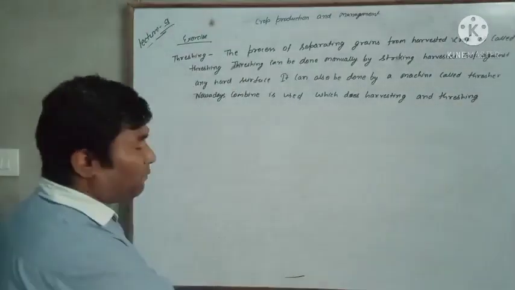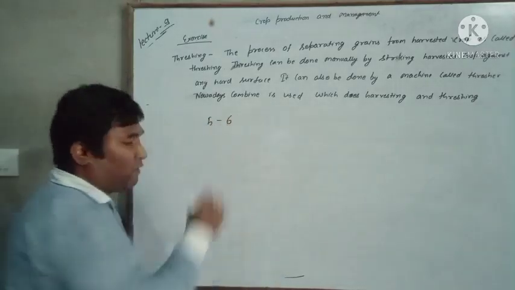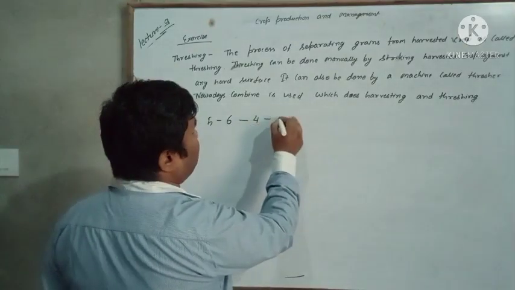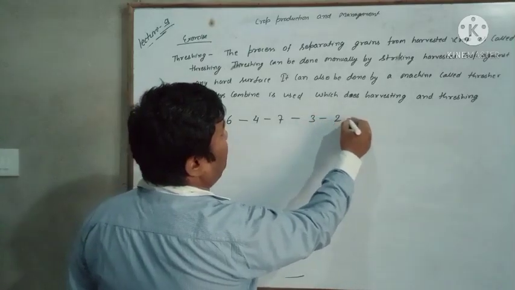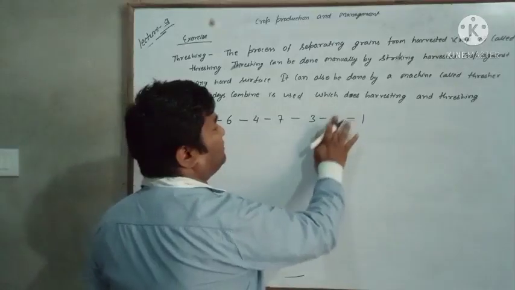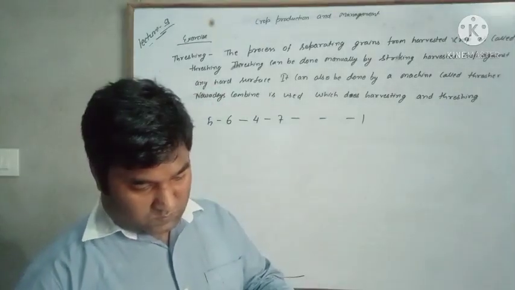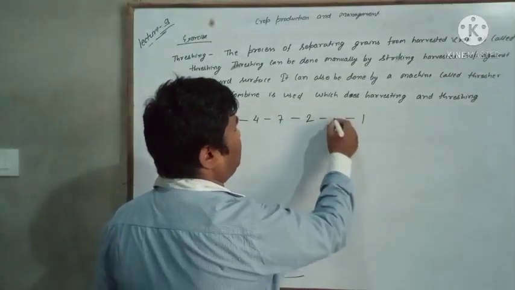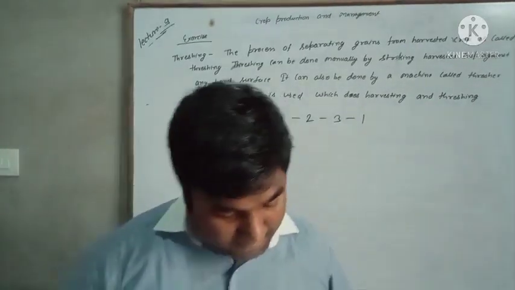Means first box number 5, then box number 6, then box number 4, then box number 7, then box number 3, then box number 2, and then box number 1.